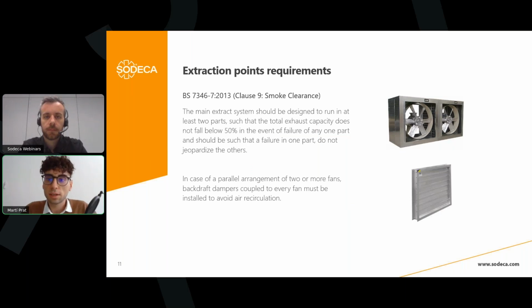Of course, SODECA fans don't fail, but in case some fan fails, you have the other fan to keep extracting. We have also this element, the backdraft dampers. In case you have this parallel arrangement with two exhaust fans in parallel, you want to add these backdraft dampers to avoid recirculation between the 2 fans.